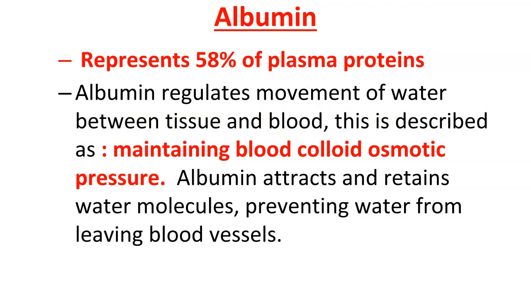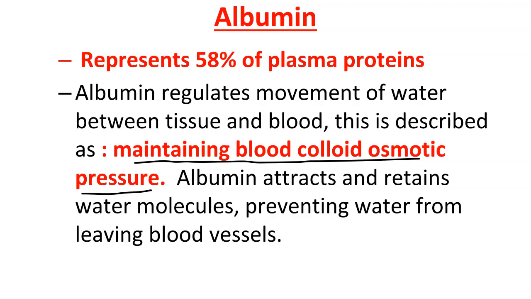So albumin is a protein that is made by the liver, and its function is to maintain blood colloid osmotic pressure. What that means is that albumin is going to attract water to itself, keeping water within blood vessels. So albumin prevents the loss of water from blood vessels to the tissues.